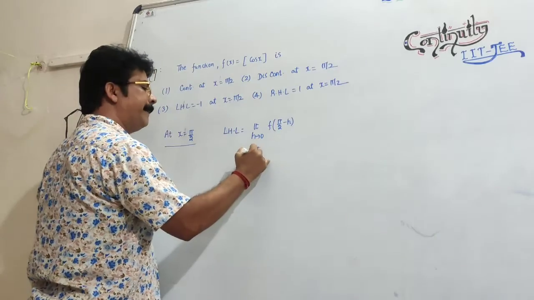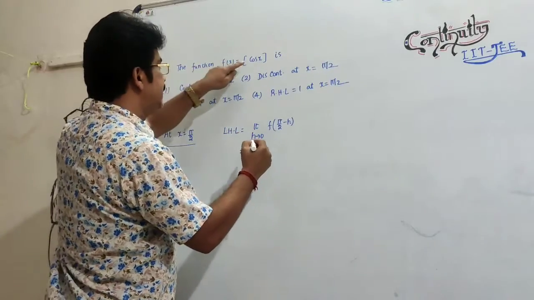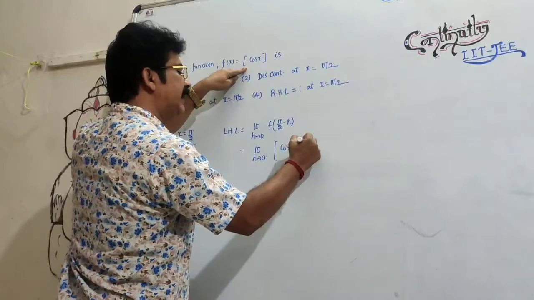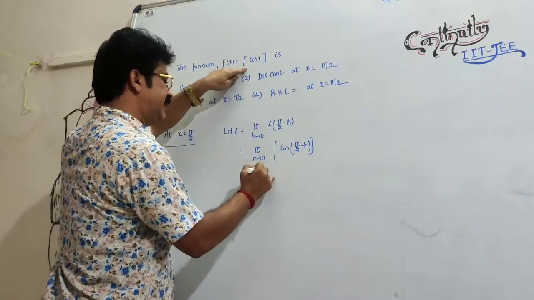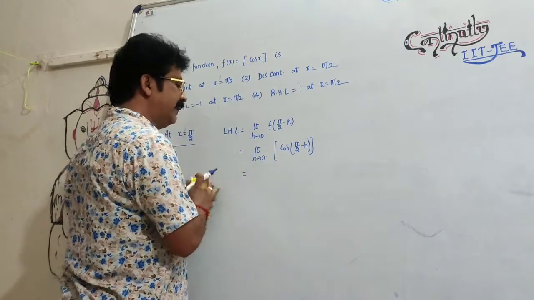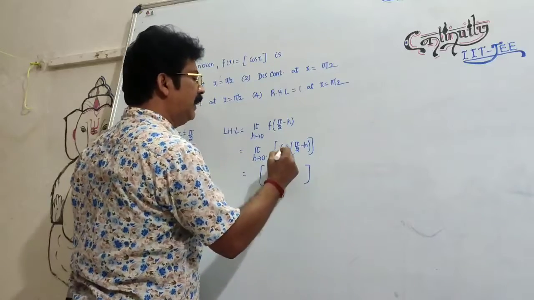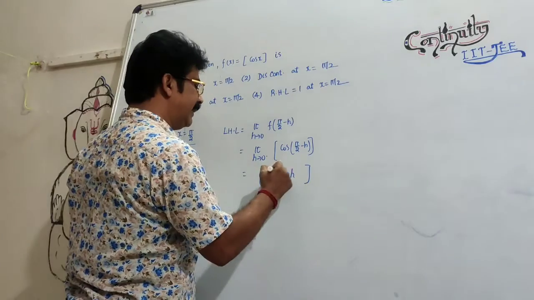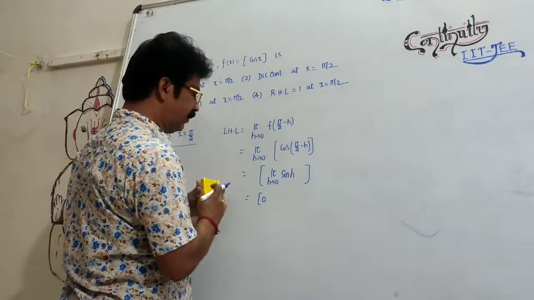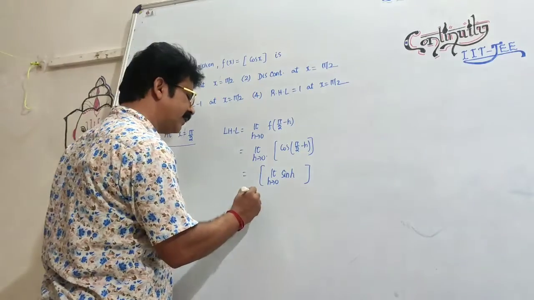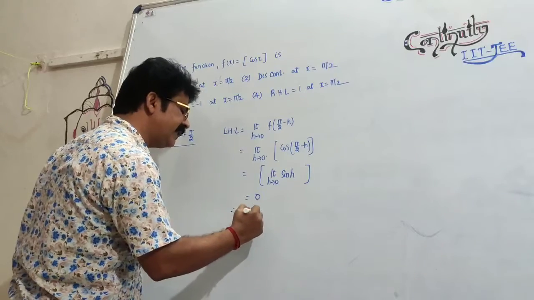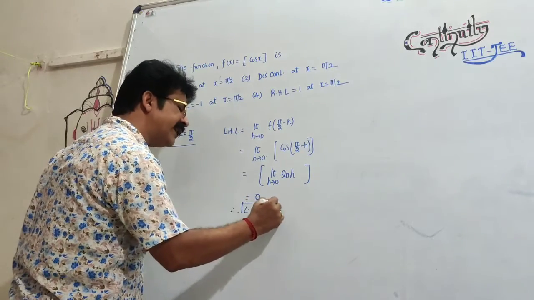That is equal to limit h tends to 0 of box of cos of pi by 2 minus h. So that is equal to limit h tends to 0 of box of sin h. Therefore it is 0. So finally this value is equal to 0. So left hand limit LHL is equal to 0.